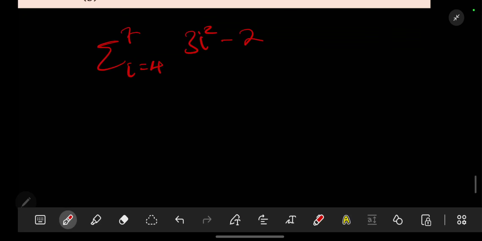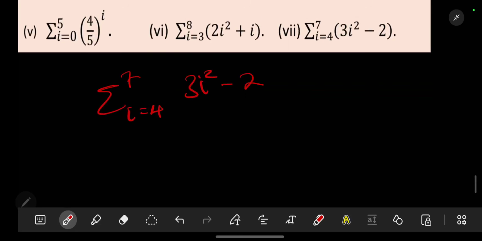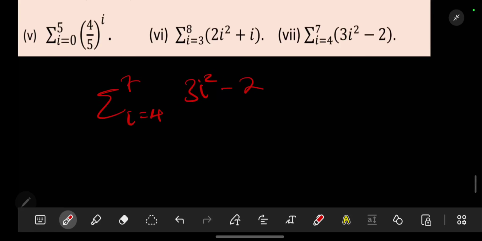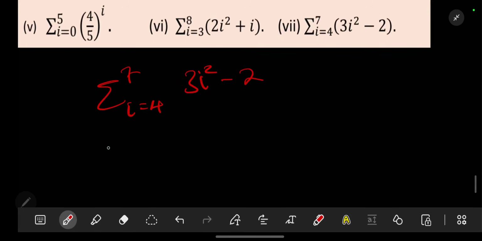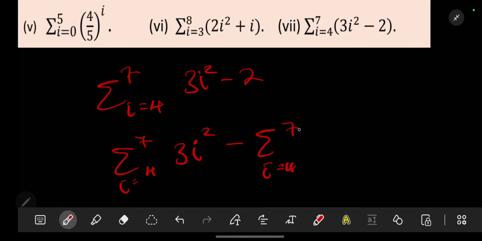This gives us a value that is equivalent to, same approach, summation 7, I is equal to 4, 3i squared minus the summation of I is equal to 4, 7, 2, like that.